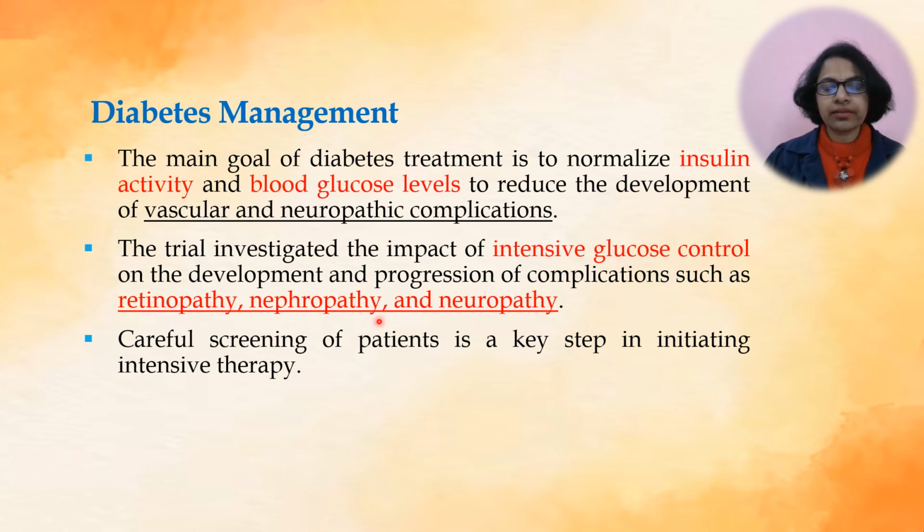If you are not controlling the diabetes status of the patient properly, he may develop some of these complications. What kind of complications? Retinopathy, nephropathy, and neuropathy. Careful screening of patients is a key step in initiating intensive therapy.